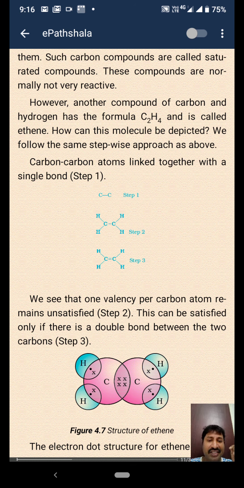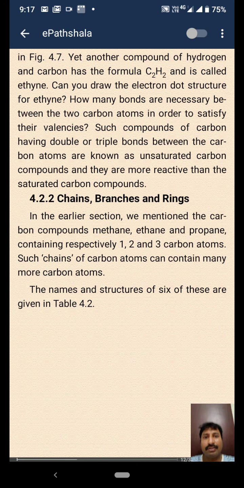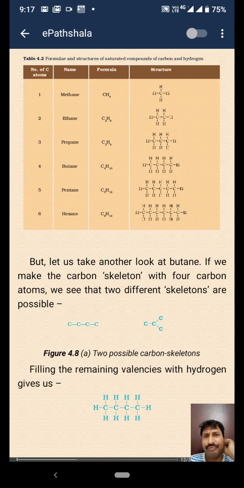CH4 is methane, which is single bonded. If you go for two carbons with a C-C single bond, we call it ethane, which is saturated. If it is C2H4, as given here, it is double bonded, and we call it an unsaturated hydrocarbon.